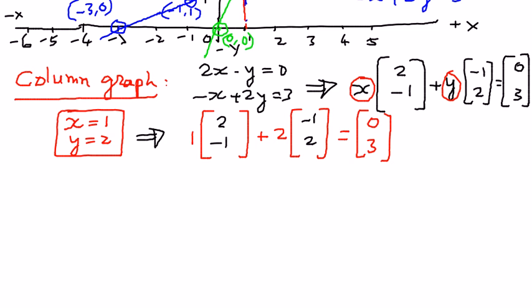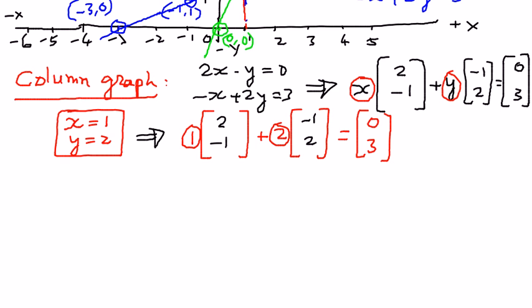Or we can also state that the algebra part of this equation is asking us the question: what linear combination of columns will satisfy the right hand side 0, 3? We have just seen from the algebra part that when x equals 1 and y equals 2, that satisfies the right hand side 0, 3.